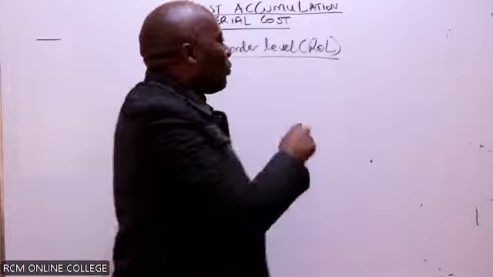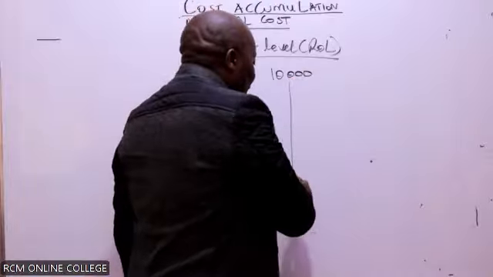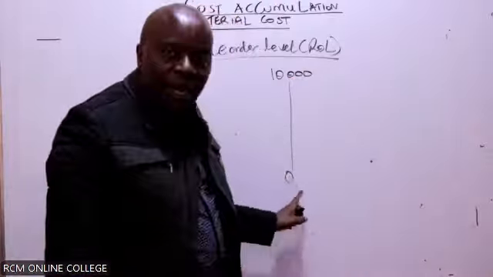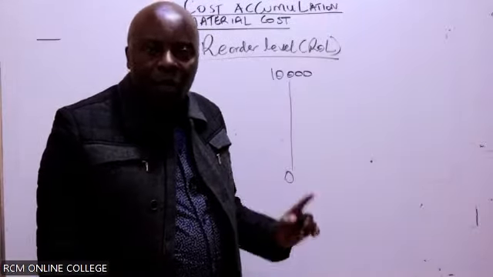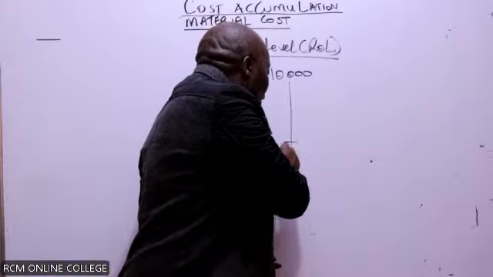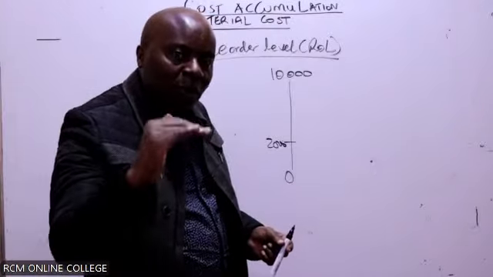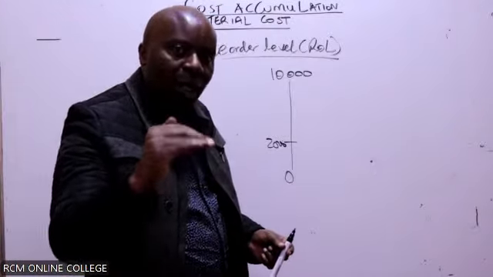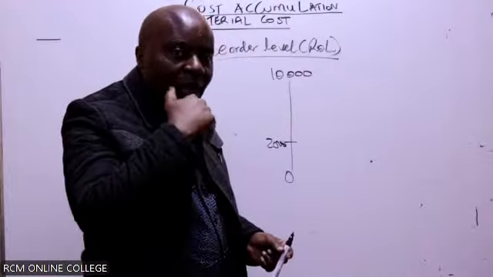Assuming we have got, say, 10,000 units in stock, we can't wait to deplete this to zero, and then that is when we start making an order. No, no. Whenever we are handling our stocks consumption, there will be that level. Call it 2,000. Once our systems tell us that our stocks have reached 2,000, and we decide that this is where we are going to place an order, then automatically this becomes a reorder level.